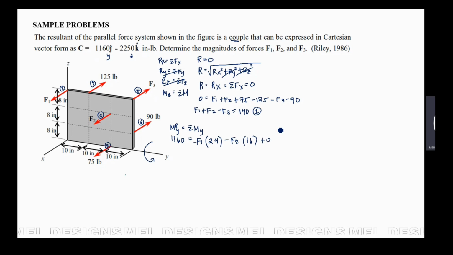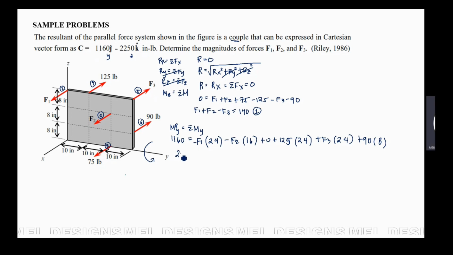Tapos dito sa ika-4, so we have plus 125. Moment arm is also 24. Tapos, plus F3, moment arm is 24. Tapos yung last, plus 90, moment arm of 8. Okay, so simplify natin. So, lahat ng F1, F2, and F3, lagay natin dito sa left side.